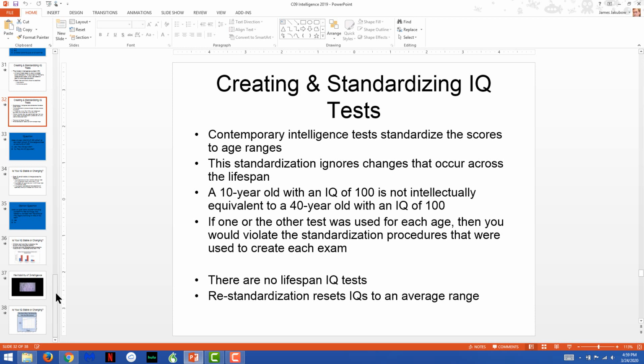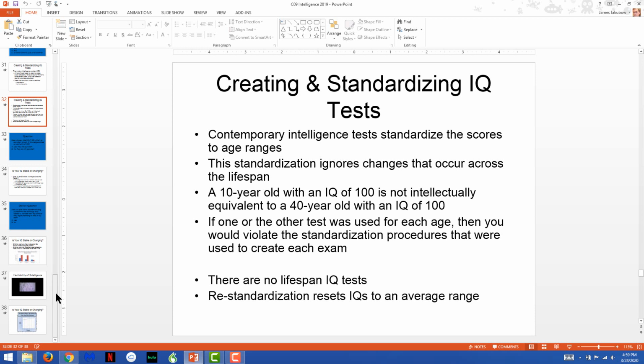What you typically don't see are things like an IQ test where the IQ starts at 0 for an infant and then just increases progressively over the course of your entire life. Those types of tests don't seem to exist. You always reset the IQ back to 100 after the person has their birthday.